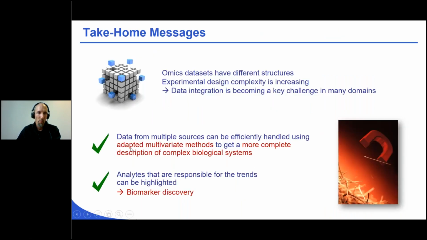So that's it. I hope I succeeded in interesting you in the use of these multi-block strategies to get more insight on your data by collecting multiple sources of information, and to show you that it's possible to get models that account for different data matrices, and that in the end, the interpretation is not that complicated, because if you're used to applying PCA or PLS to your single block data, it's not that different to use extensions that are able to deal with this collection of data blocks.